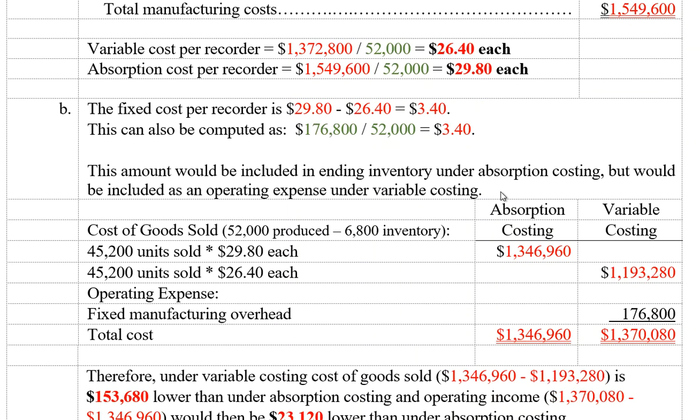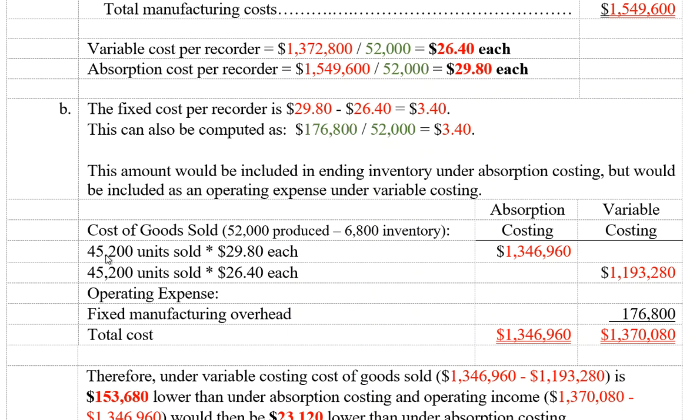Okay. But they kind of put this on a spreadsheet here, a two-column spreadsheet. And they wanted to show you, notice the cost of goods sold here. And this is the 52,000 minus that 6,800 in inventory. Okay.